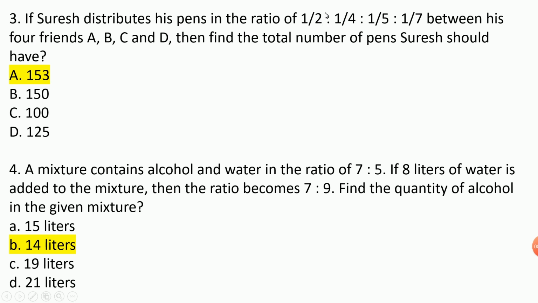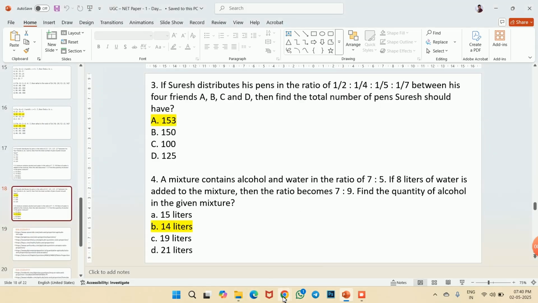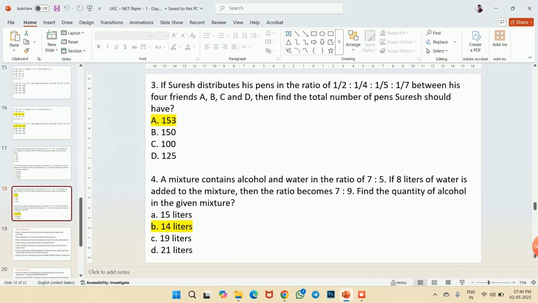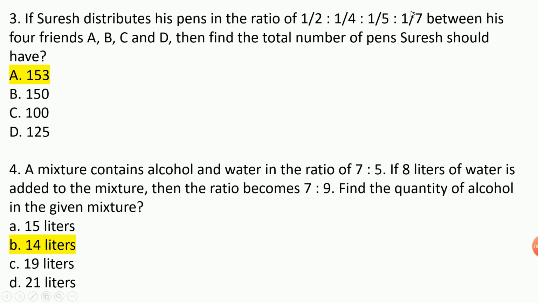So that means the first one would be 70. Next would be 28, no, that would be 35. So the value would be 35 here. Next would be 28, and here that would be 20.